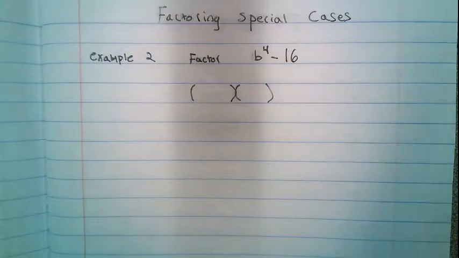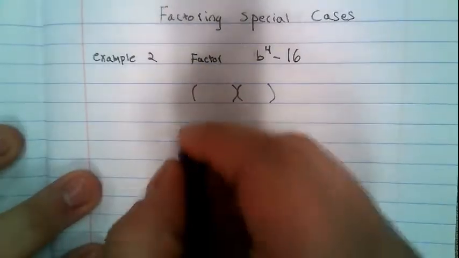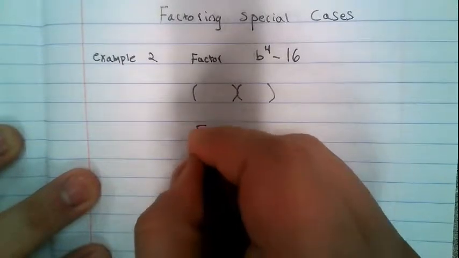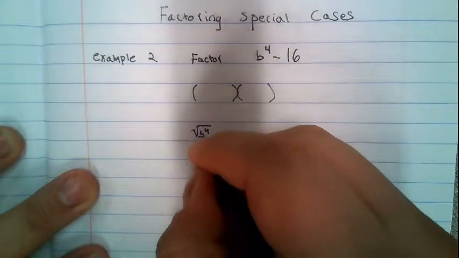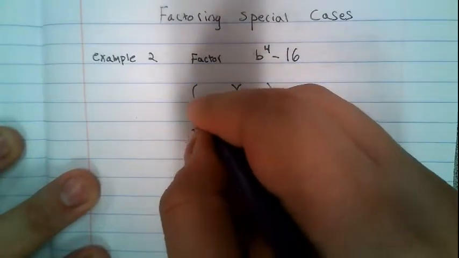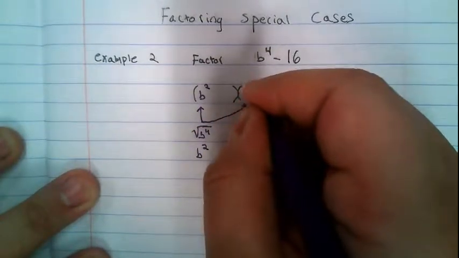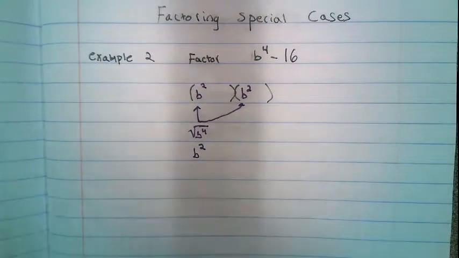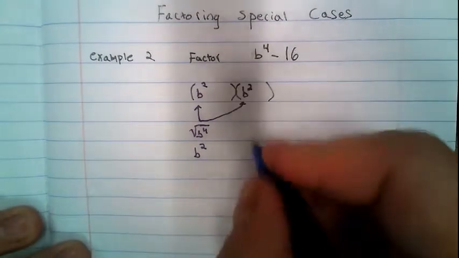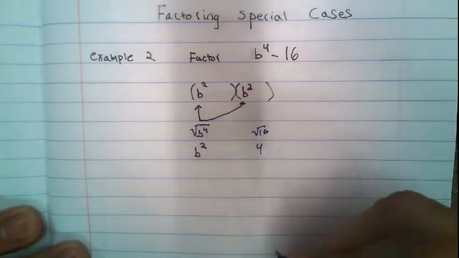First step is to take the square root of the first term. First term is b to the 4th, so the square root of b to the 4th is simply b squared. And that goes here and here. Now I take the square root of the second term, which is the square root of 16, which is 4.